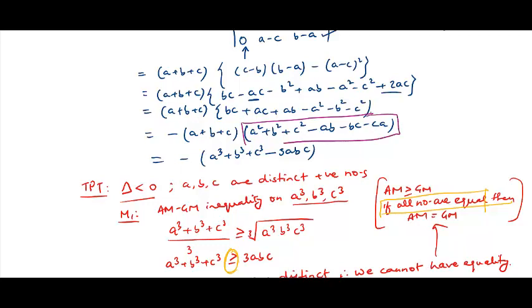When I look at this step, what we find is that this expression, observe carefully, is the same as half of (a minus b) square plus (b minus c) square plus (c minus a) square, right? This expression is equal to this value. Just expand this to verify yourself. On expansion you will get this quantity.